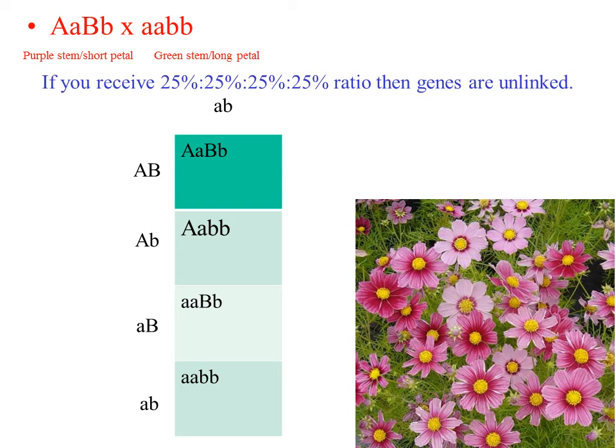After you perform that cross, you will look at the results. If you receive a 25% to 25% to 25% to 25% or a 1 to 1 to 1 to 1 ratio, then the genes are unlinked.